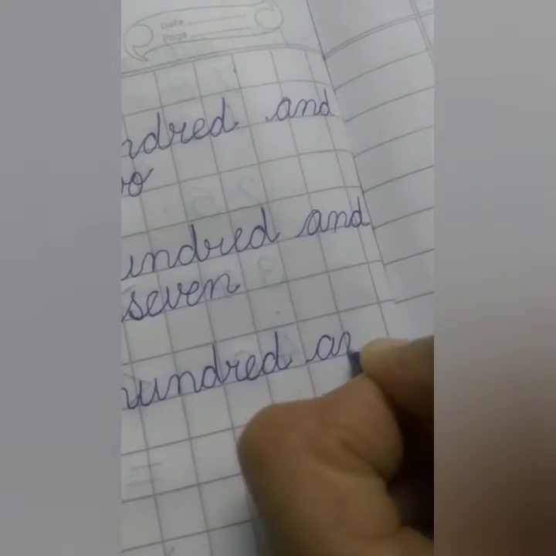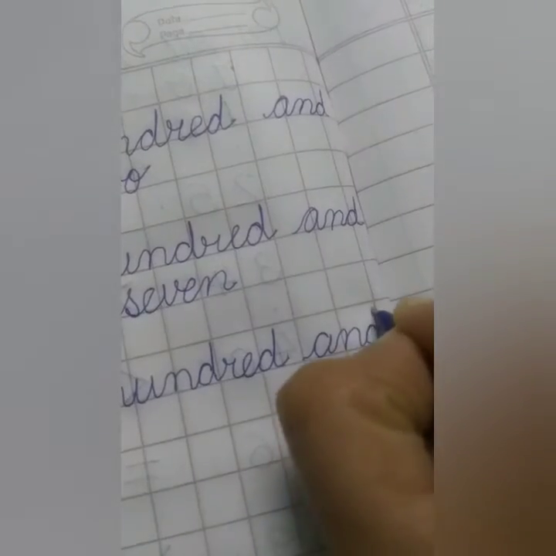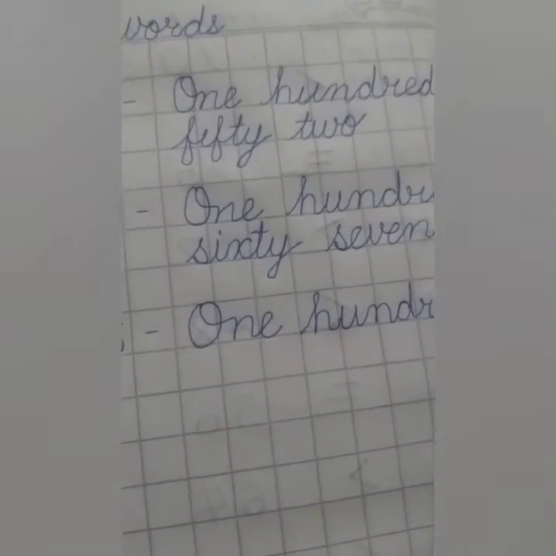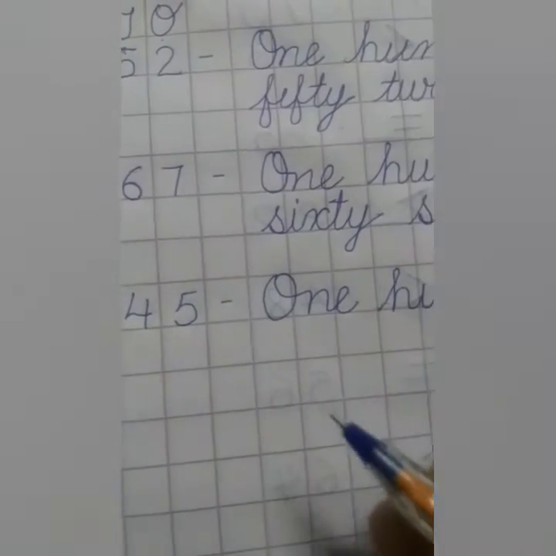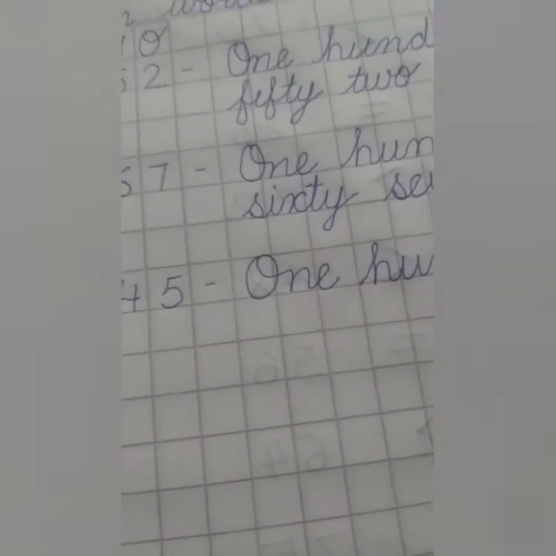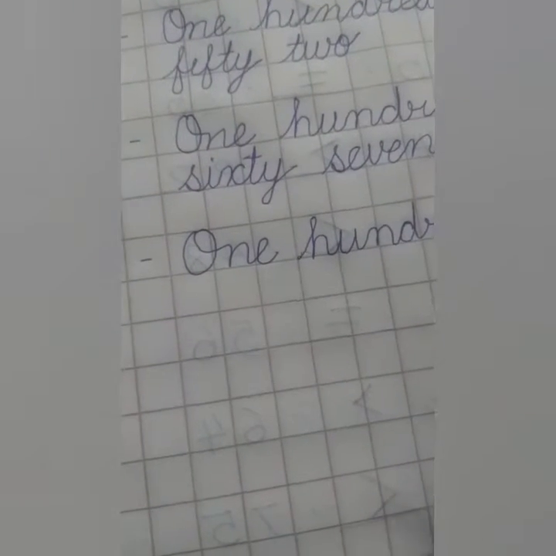Take one finger gap and write AND. And after 100 and, what do we write? 45. What is the spelling of 40? Because you are always confused here.